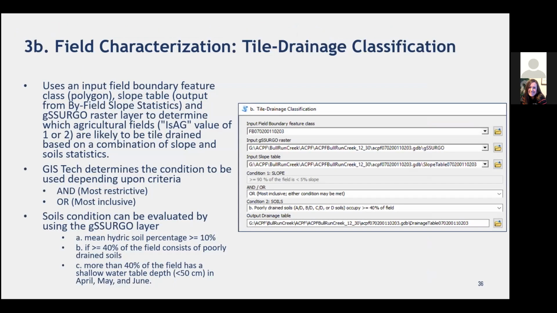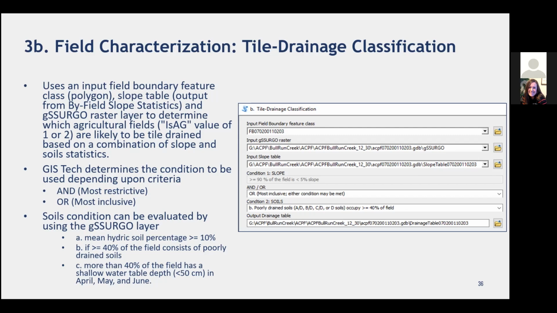The next tool is tile drainage classification. Once again, since this is a field characterization section, you will provide the field boundary feature class. You would also be providing the soil. A lot of times these tools will pre-populate these out of the same geodatabase.